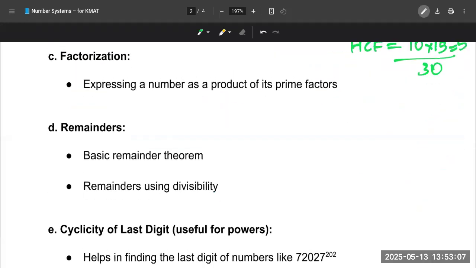What is factorization? Factorization is expressing a number as a product of its prime factors. So factorization of 15 is 5 into 3. Factorization of 65 would be 5 and 13.